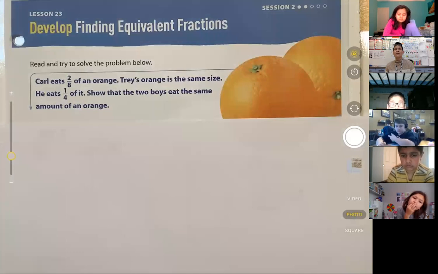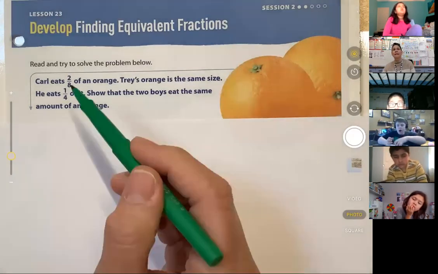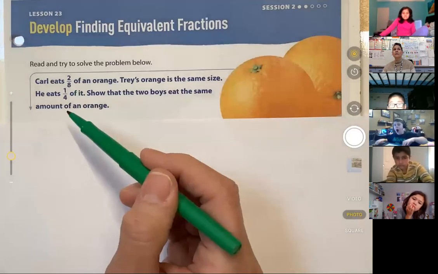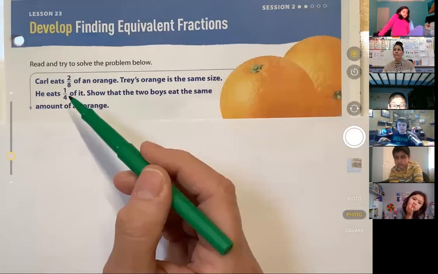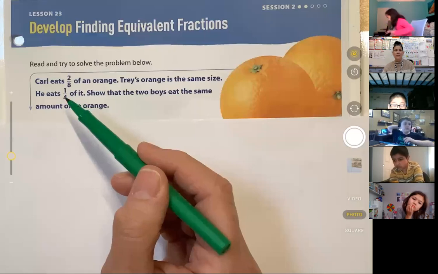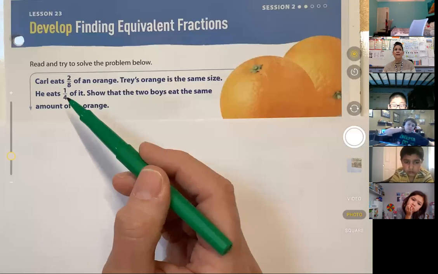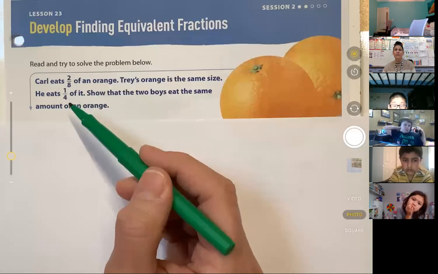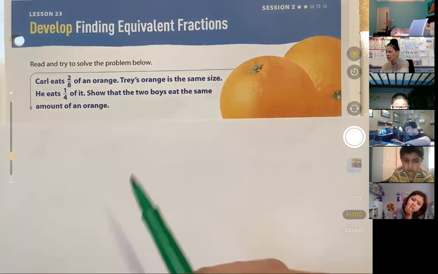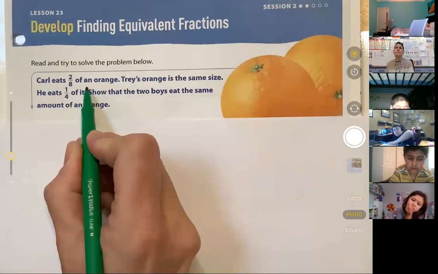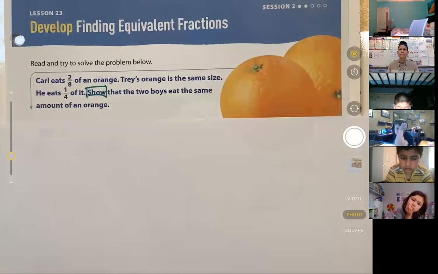I need to prove that. So the problem is telling me, yeah, 2/8 and 1/4, it's the same amount. I'm going to say that again, that 2/8 and 1/4 are the same amount. But I have to show it. I have to prove it. And that's where your models come in.